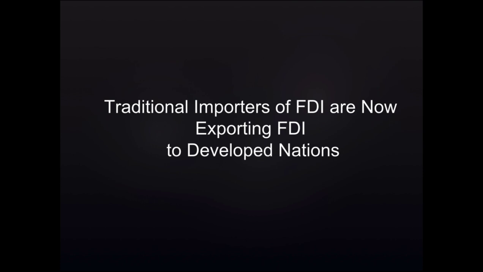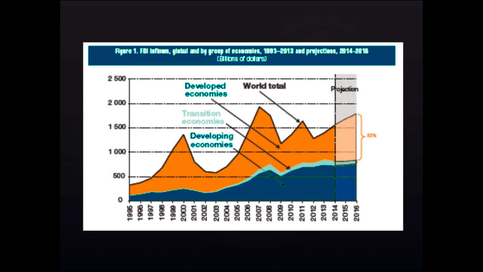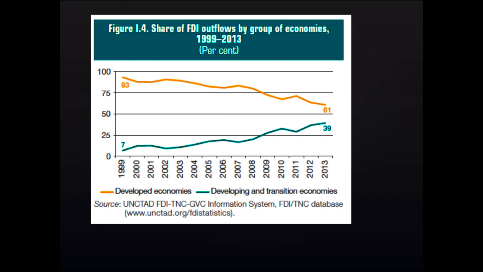You actually now have Chinese, Mexican, Brazilian companies, Russian companies investing in developed nations. And the trends are rising. As you can see, the developing countries' portion of foreign investment abroad keeps rising. The share of foreign direct investment flows are actually now starting to converge.